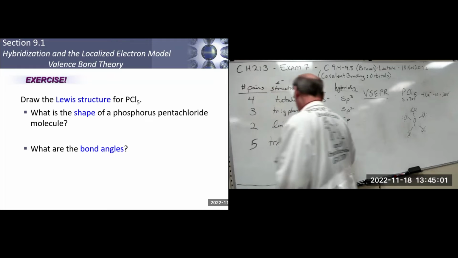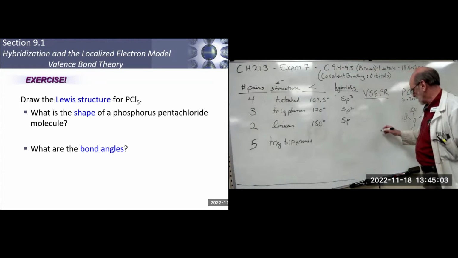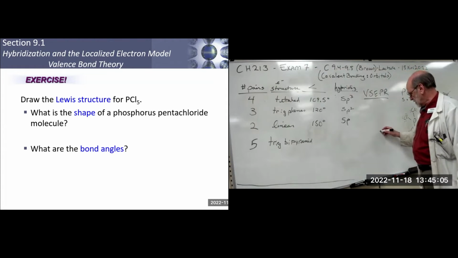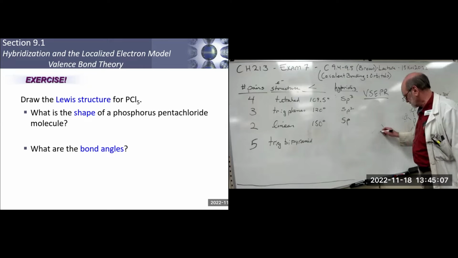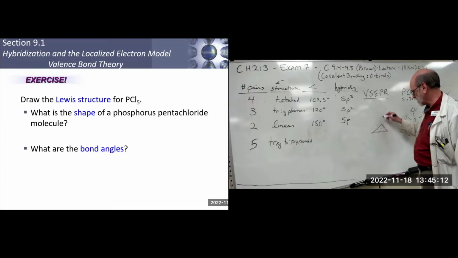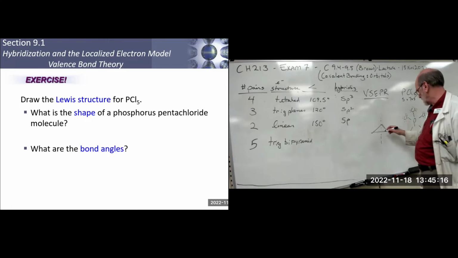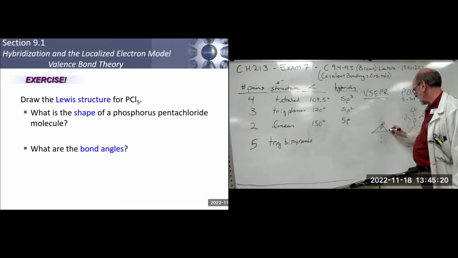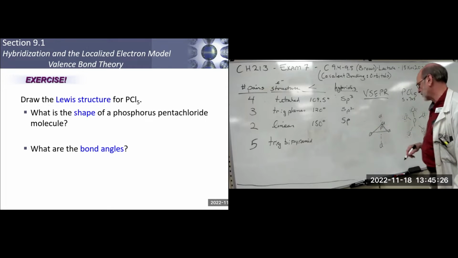A trigonal bipyramid says we have a triangle here, and then we have 2 apexes, one on top and one on the bottom. In here we'll have phosphorus, and here we'll have chlorine, chlorine, chlorine, chlorine, and chlorine. Let's see, 1, 2, 3, 4, 5.